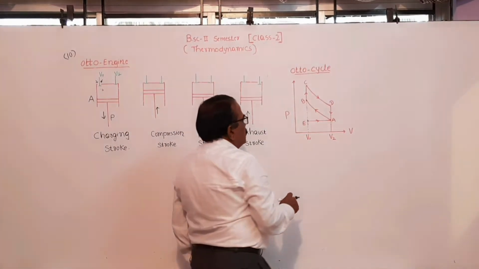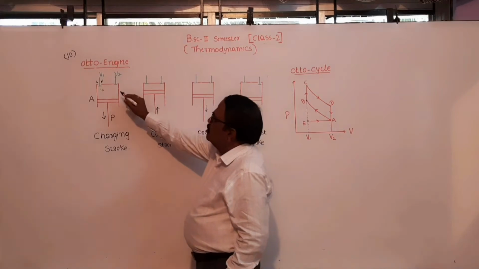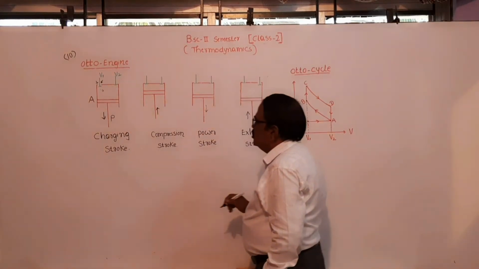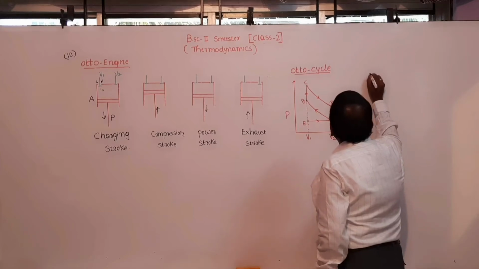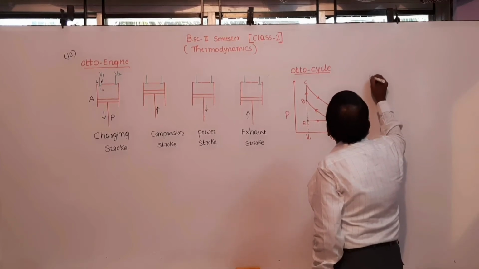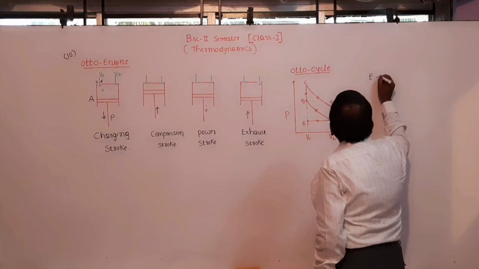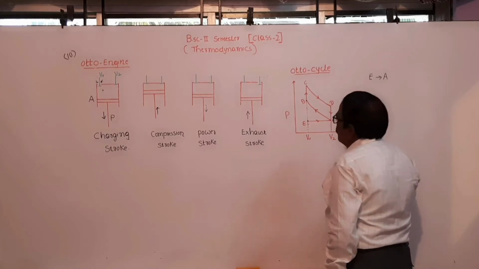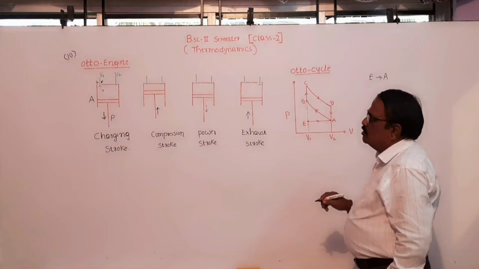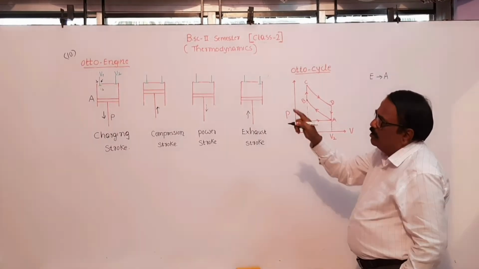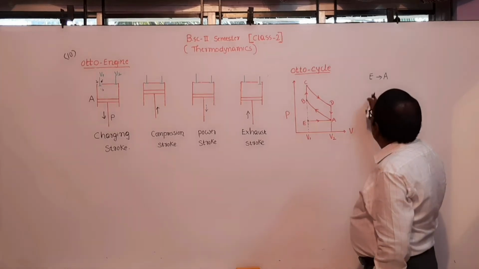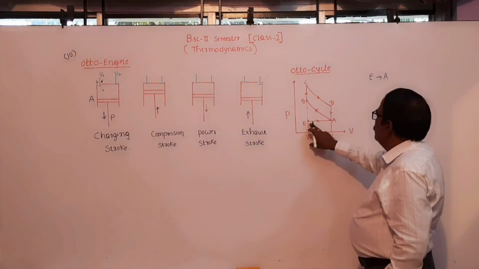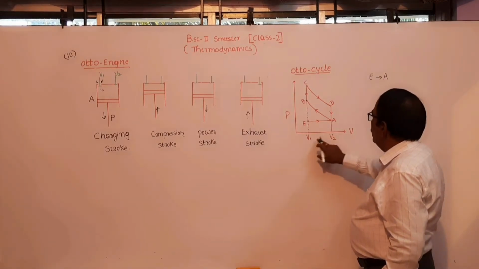Initially when V1 is opened, the charging stroke means the process goes from E to A. When it goes from E to A, with V1 opened, volume changes from V1 to V2.